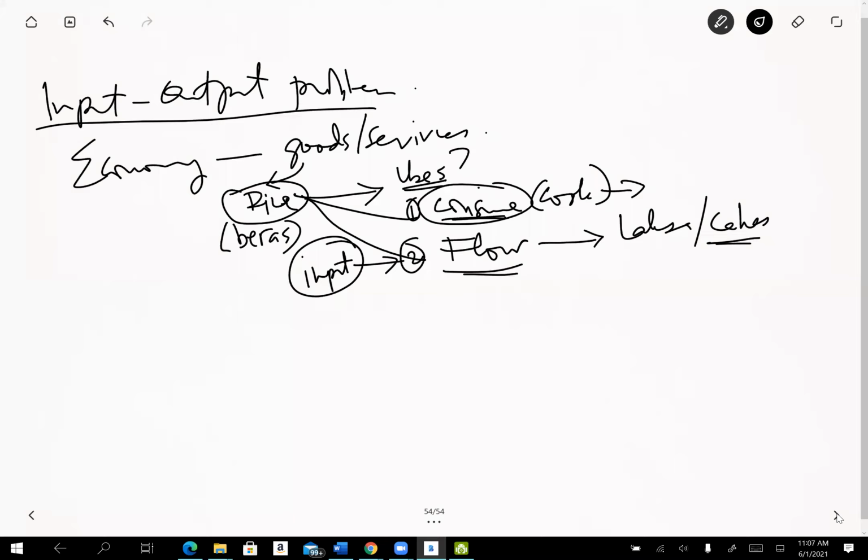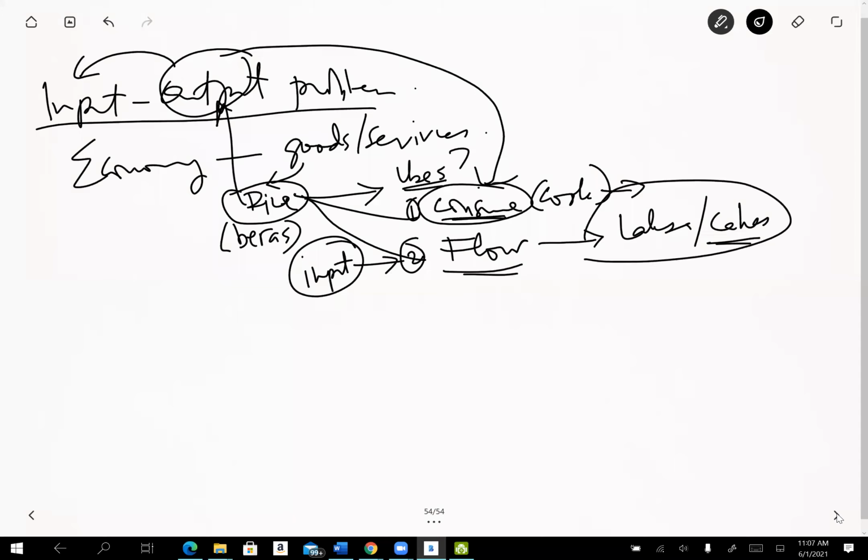So input-output problem is this. The rice is the output, but that output, which is rice, is being used as our consumption to cook and consume it. And another use of that will be what? Will be used as input to produce other goods. Okay, other goods here.